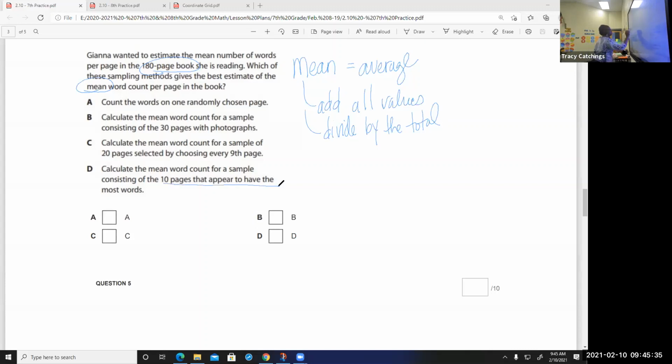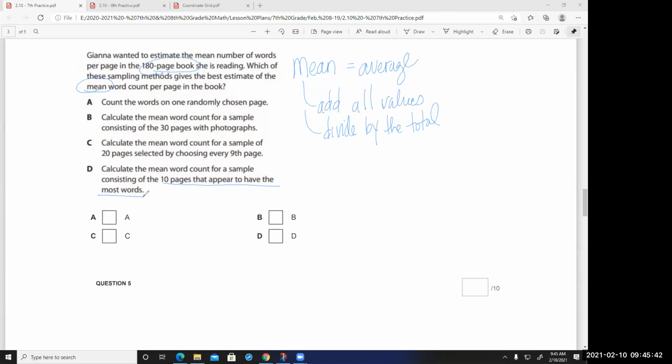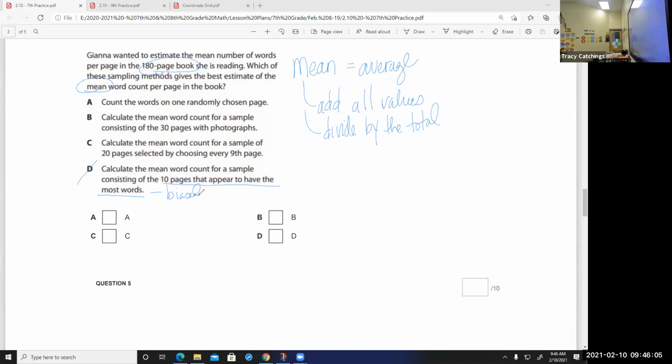Should I use the 10 pages that appear to have the most words? Would that be representative? Nope. All right, A says count the words on one randomly chosen page.